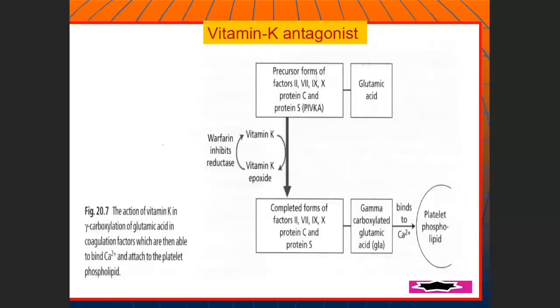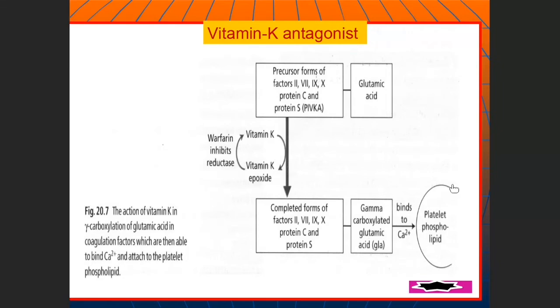What about vitamin K antagonistic therapy? Vitamin K is needed by vitamin K dependent factors to be active. They are synthesized in an inactive form. To be active, they need vitamin K. Vitamin K is needed by these factors for gamma carboxylation of glutamic acid residues in the molecules. And gamma carboxylation is important for these factors to be able to bind the phospholipid surface of platelets in the coagulation reactions.